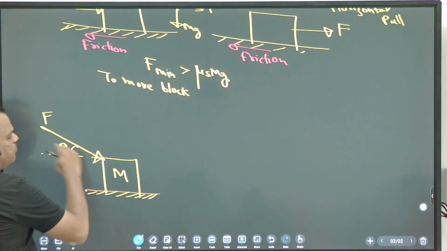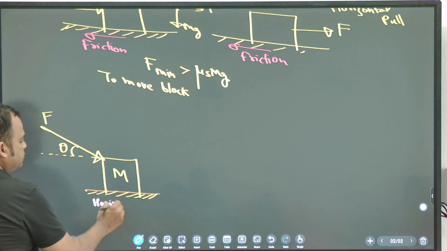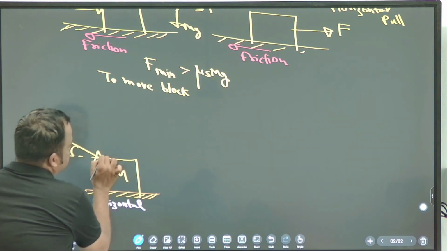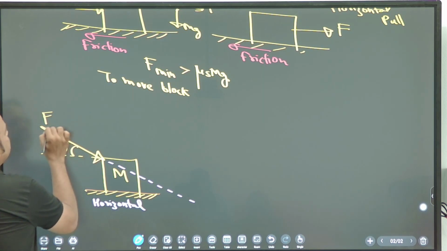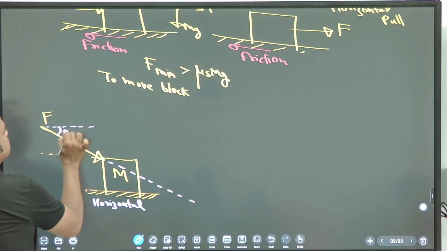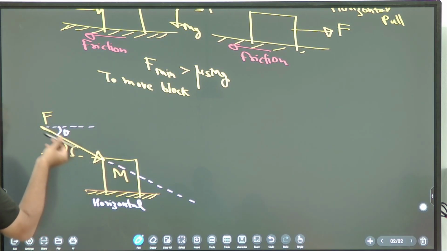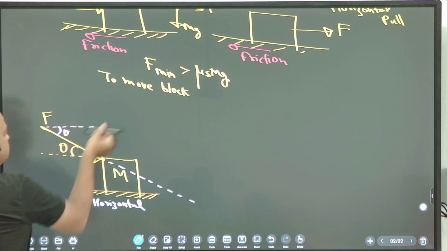So first you take components because surface is horizontal. So what are the components? Tell me. What is the horizontal component of force? Force is like this. So what is the horizontal component? Cos or sine?